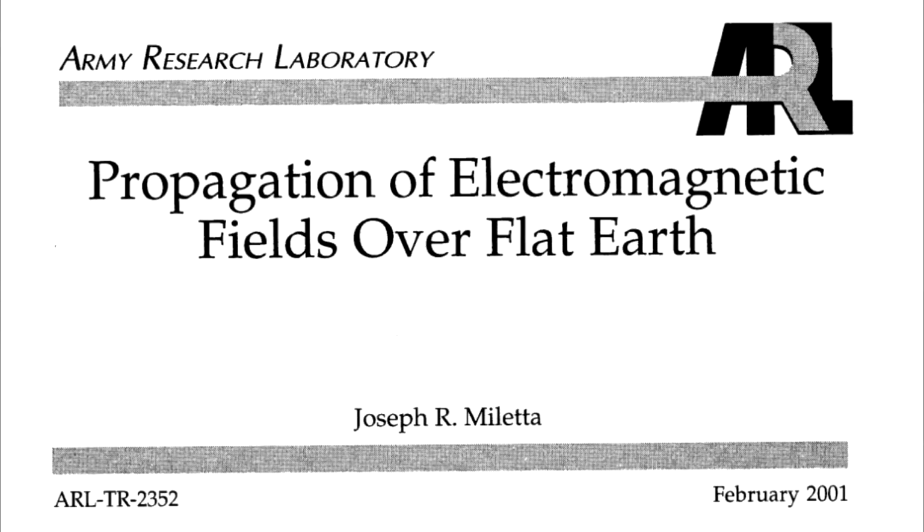24. The U.S. Army Research Laboratory released another research paper in 2001 titled Propagation of Electromagnetic Fields over Flat Earth. This study looked at the interaction of radiated electromagnetic fields in military or law enforcement applications of high-power microwave systems, attempting to find whether the transmitting antennas should be vertically, horizontally, or circularly polarized.